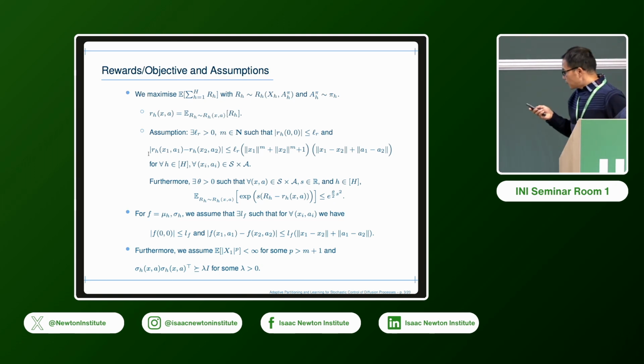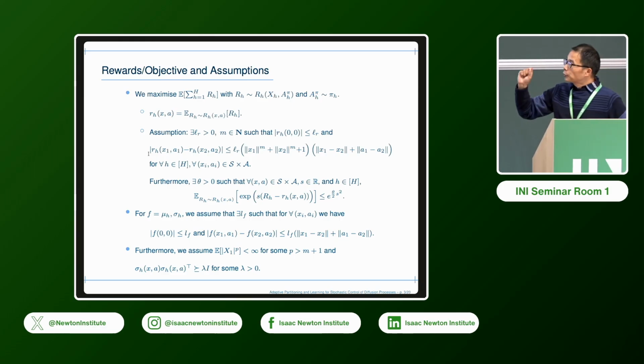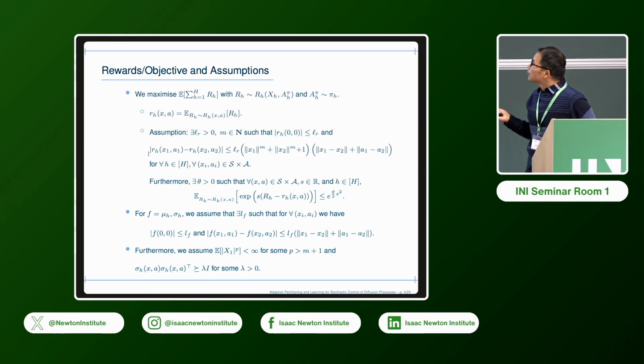And the drift and the diffusion must provide some information to learn. So we assume this sigma, the diffusion coefficient, is bounded away from zero.